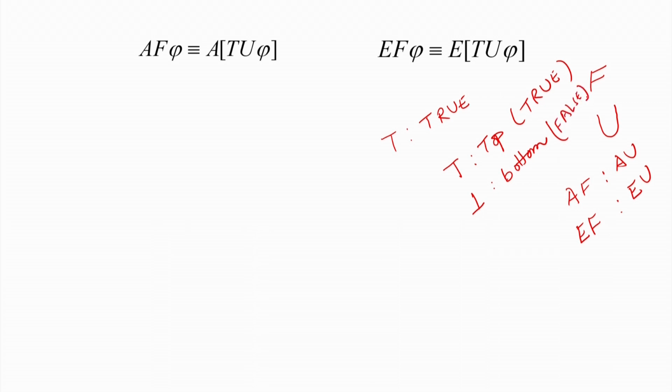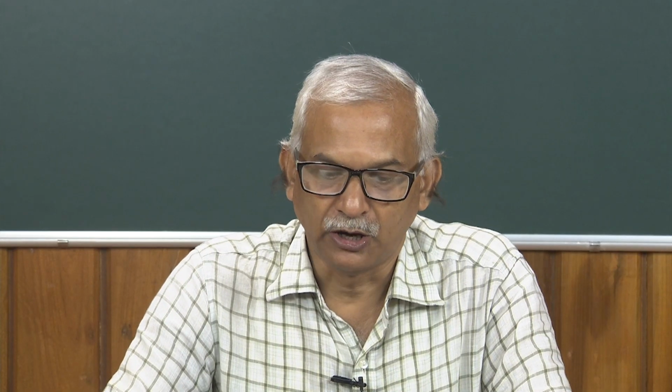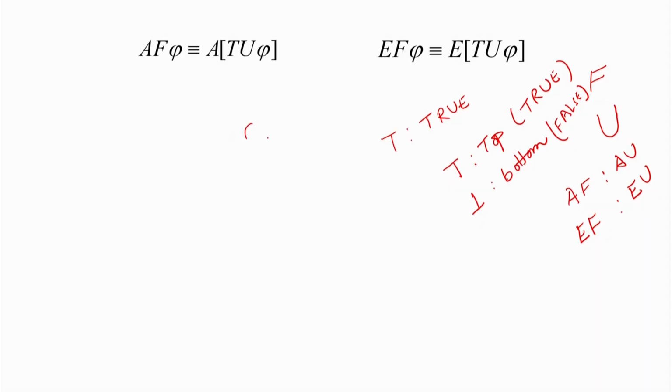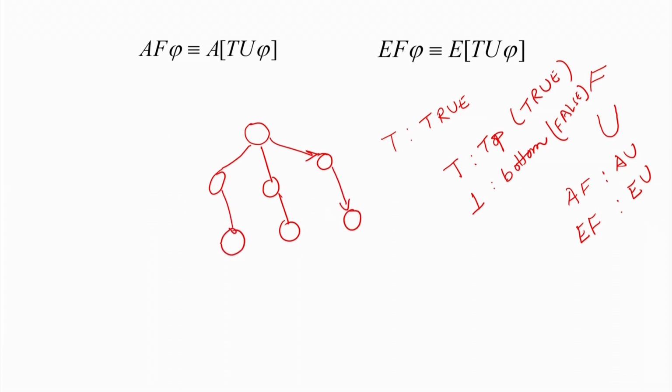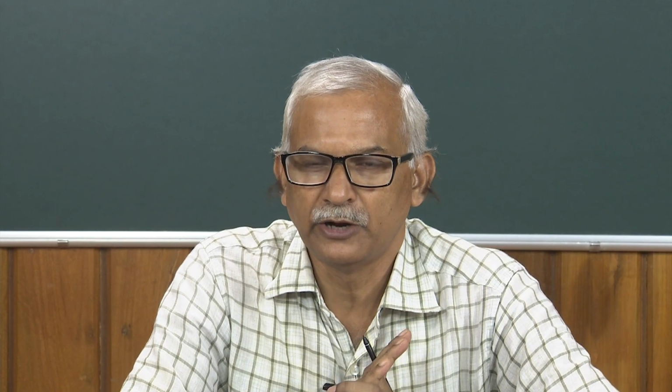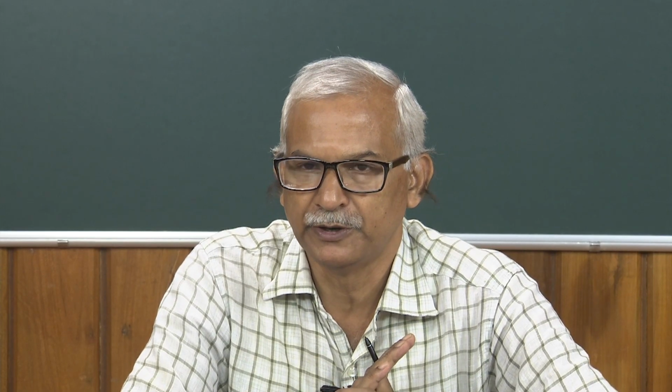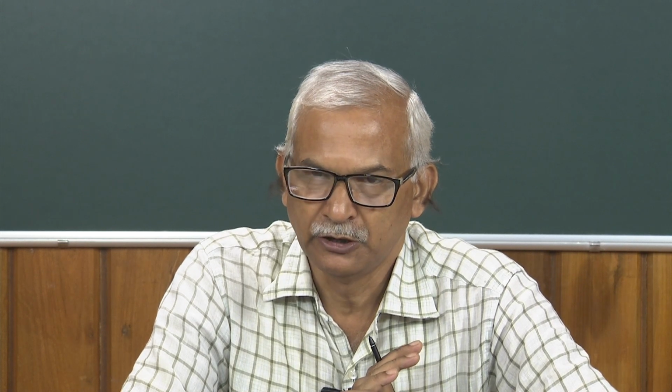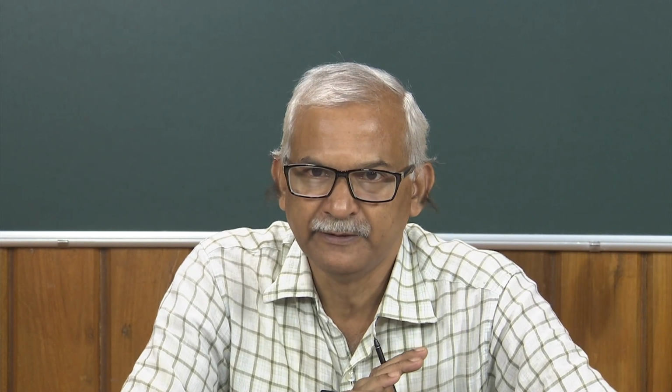Now, while defining the semantics of CTL, we have defined the semantics in a given model M. What we have observed from the semantics defined for these truth values is that true is true in all states and false is false in all states.